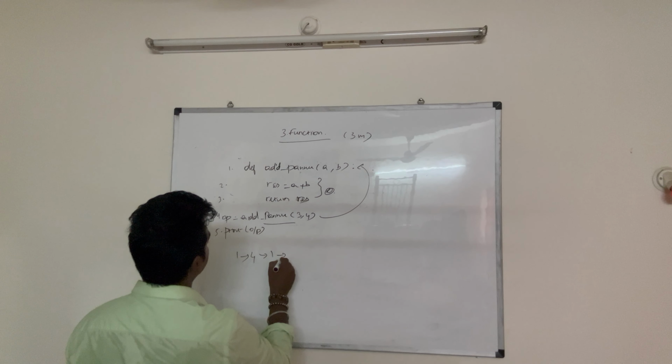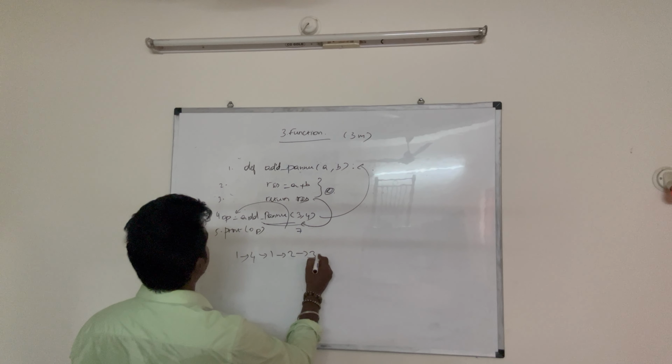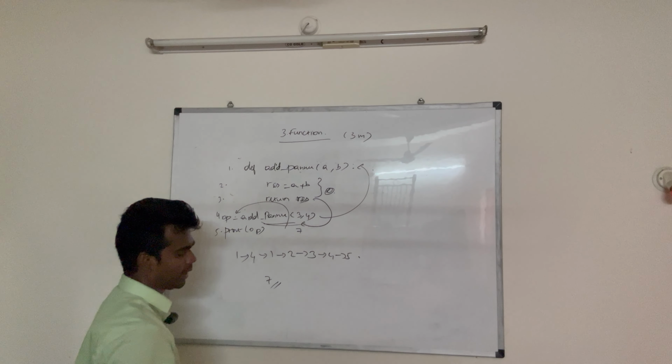Again 1 will be executed, 2 will be executed, 3 will be executed. The value will be returned here. So 4 plus 3 is 7. The value 7 will be assigned to the variable op. Then I have to display the output. So 1, 4, 1, 2, 3, next 4, next 5. Now the result 7 will be displayed.